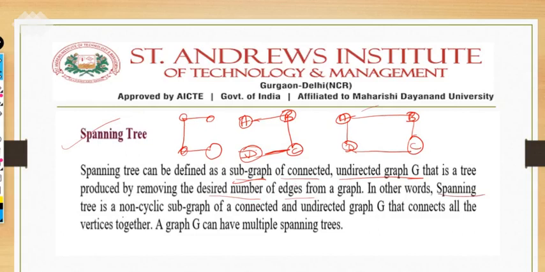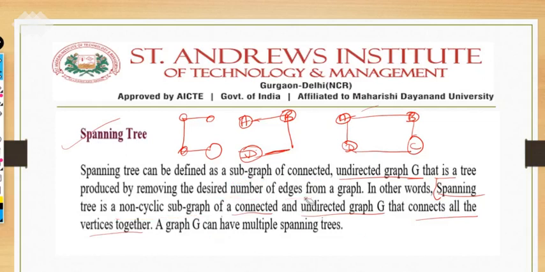In other words, a spanning tree is a non-cyclic subgraph. You can define the spanning tree like this: it's a non-cyclic subgraph of a connected and undirected graph that connects all the vertices together. There should not be any vertex missing. That kind of graph is known as a spanning tree itself. So it was all about the spanning tree.